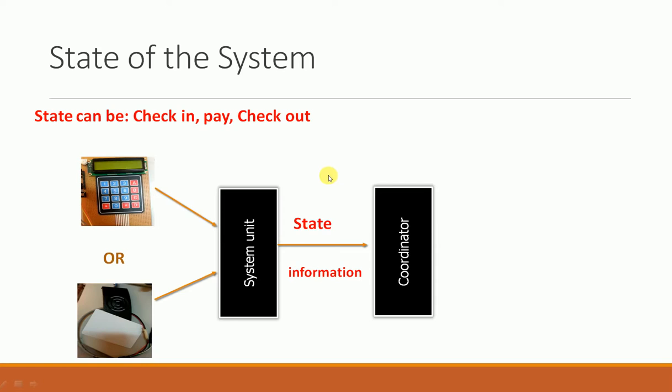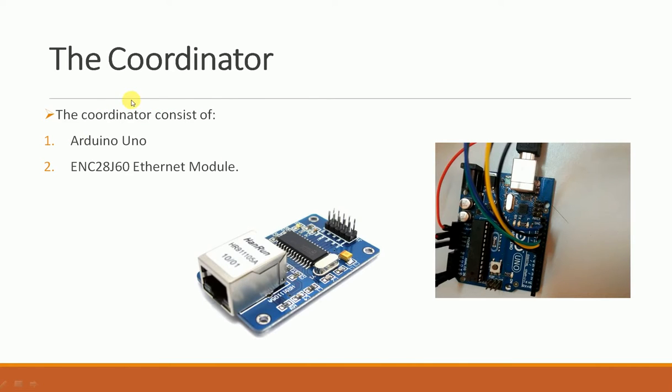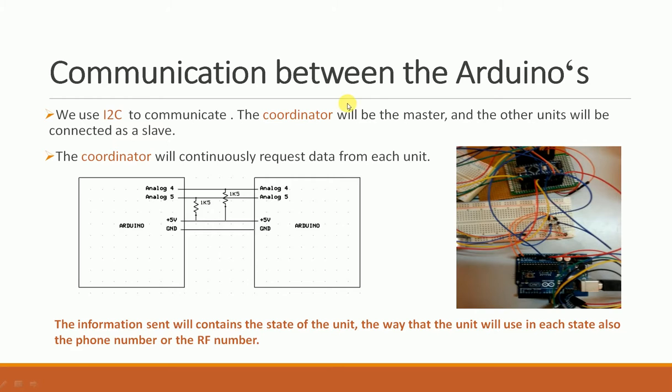Coordinator. The coordinator consists of two parts: an Arduino UNO and an Ethernet module. Communication between the Arduinos: we use I2C to communicate. The coordinator will be the master and the other units will be connected as slaves.